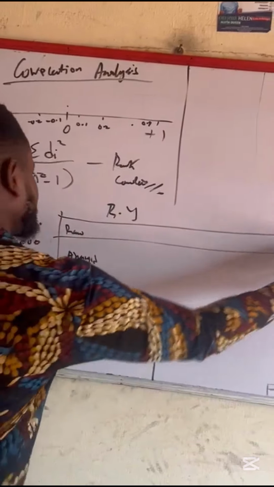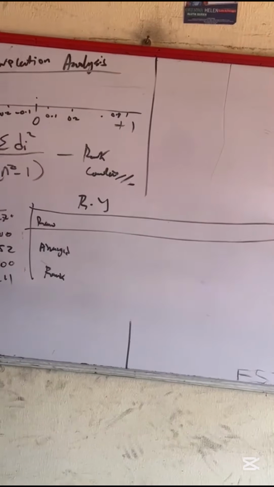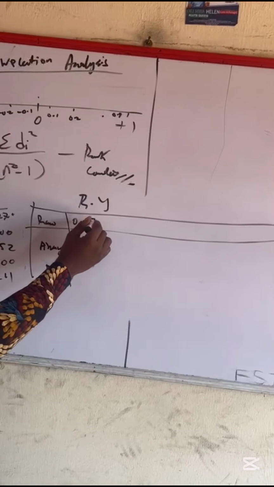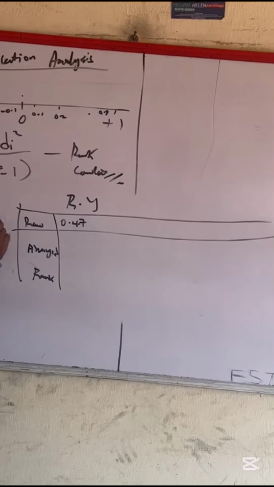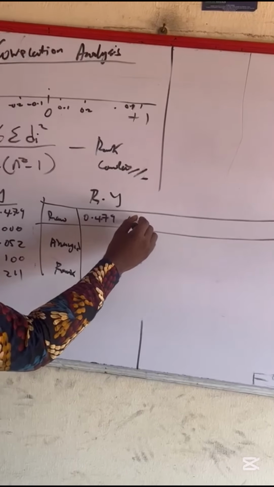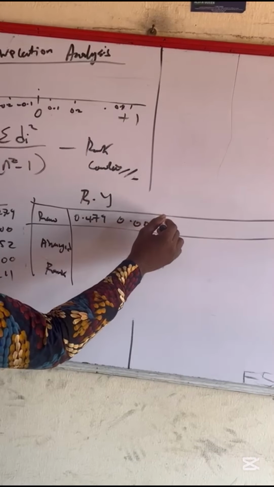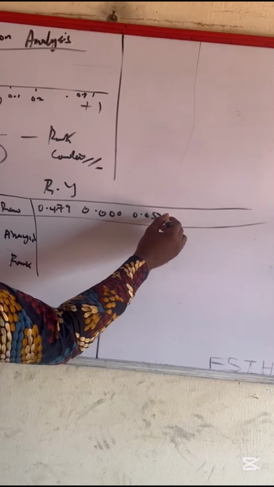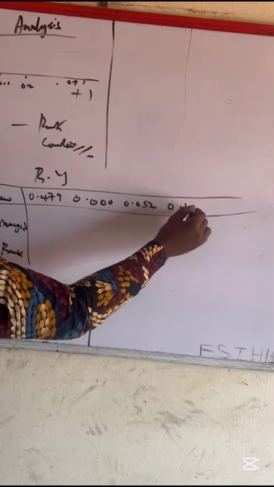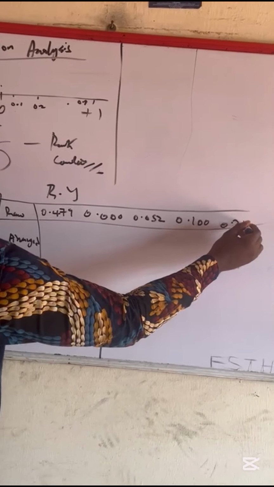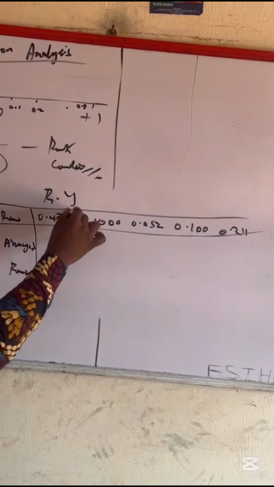So the raw scores of Y are 0.479, then 0.000, 0.052, 0.100, and 0.211.